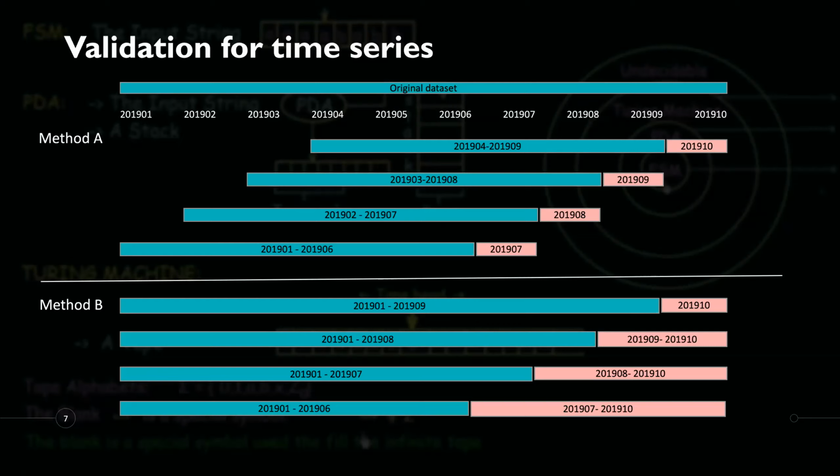So if you were to work on time series data, I would encourage you to try both and find out which one gives you the more reliable result, and then you can use it. So, makes sense? Okay, let's move forward.